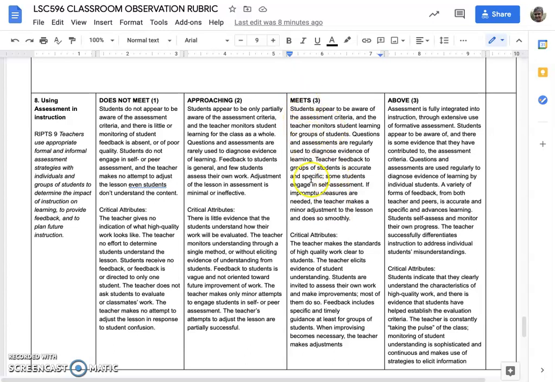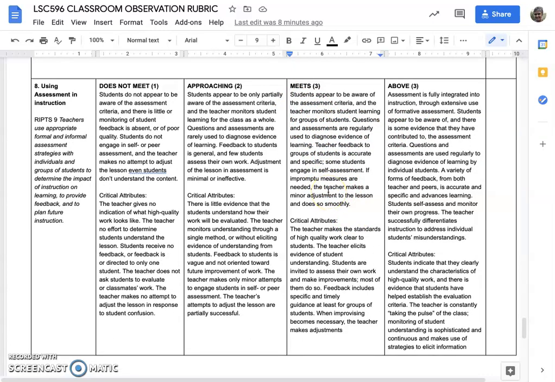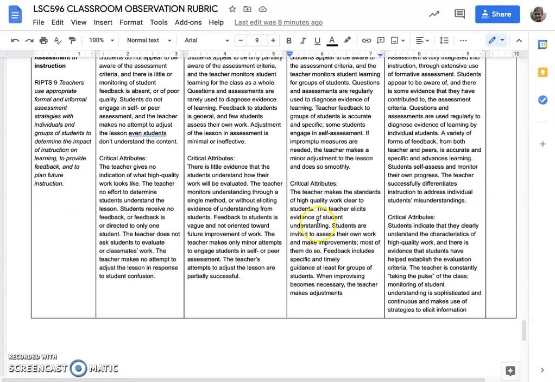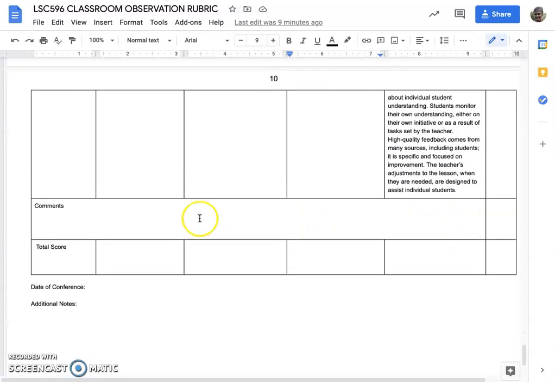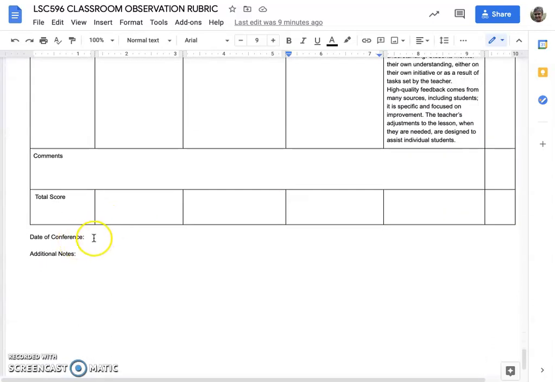If you read the descriptions for meets and above, you'll see that if you do the focus on assessment assignment, you're going to be hitting this one. So there's that. And I will go over this at our conference, and I'll put any additional notes.